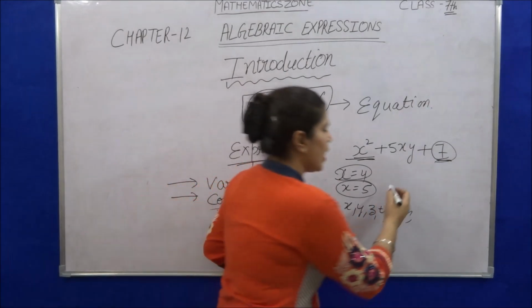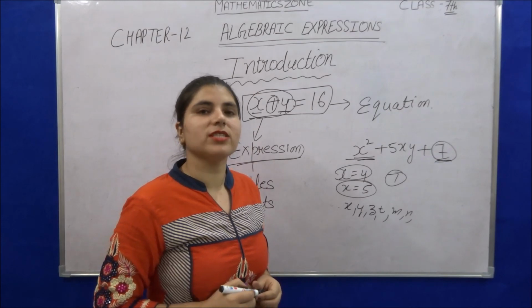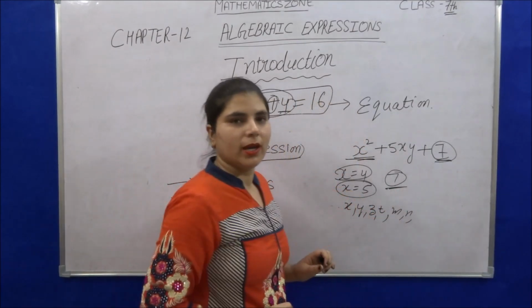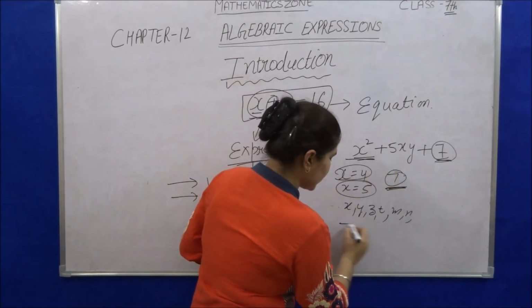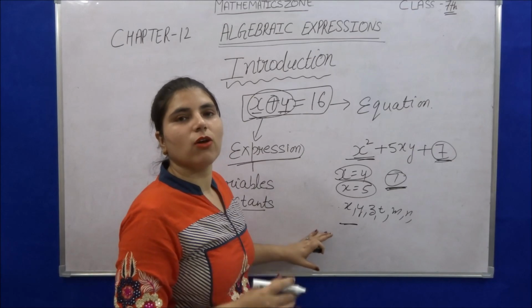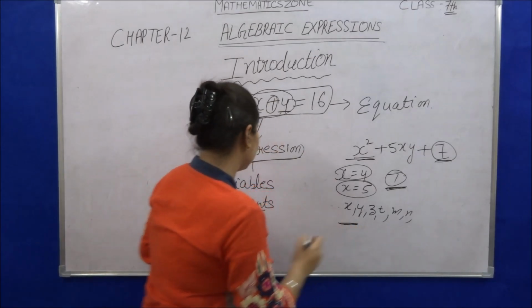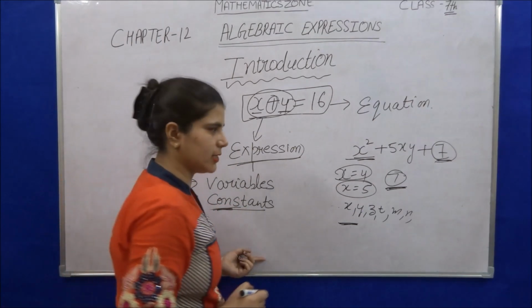If I have 7 pencils, 7 books, or 6 pens, then the value of 6 will remain 6. Those things whose value can never be changed are called constants.